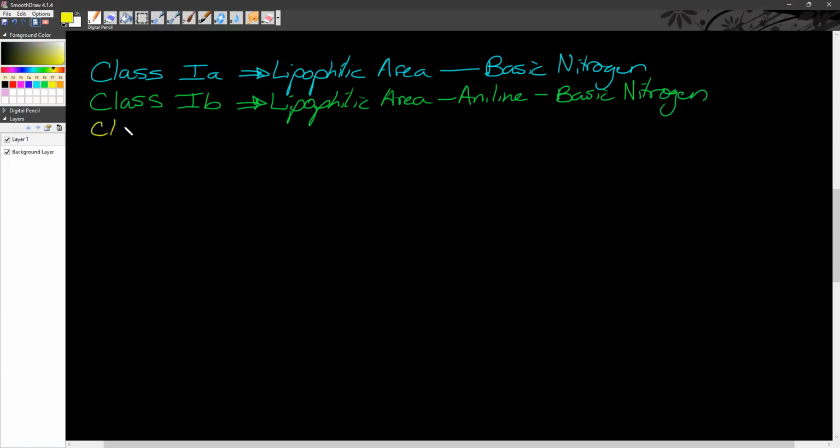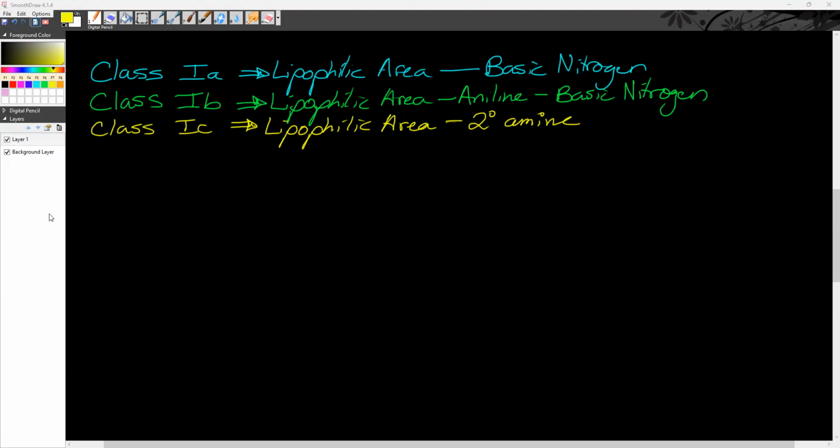And then finally, for class 1C, we go back to our lipophilic area, which is secondary. So this will make sense once we go through it. So the essential moiety that we're going after, that we can walk our way through.